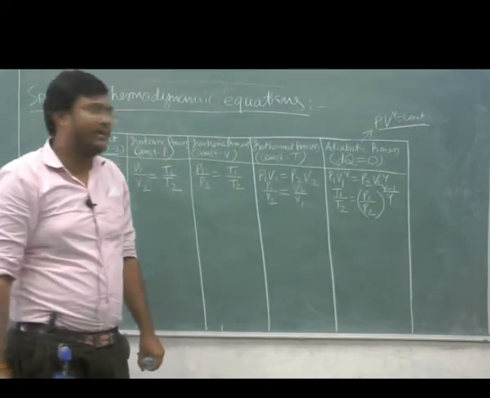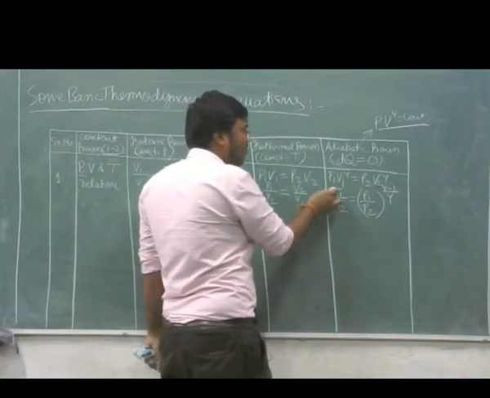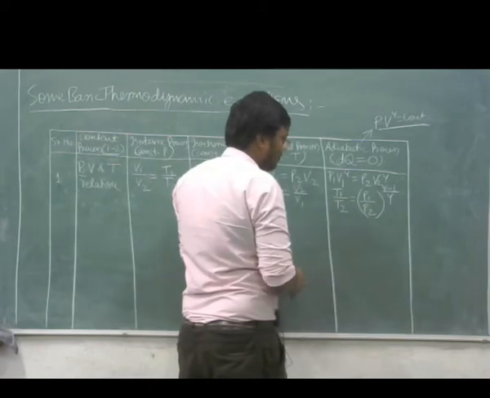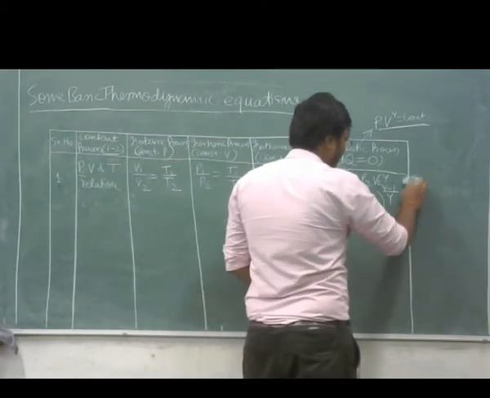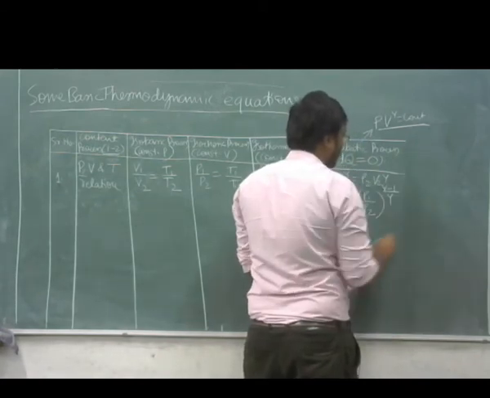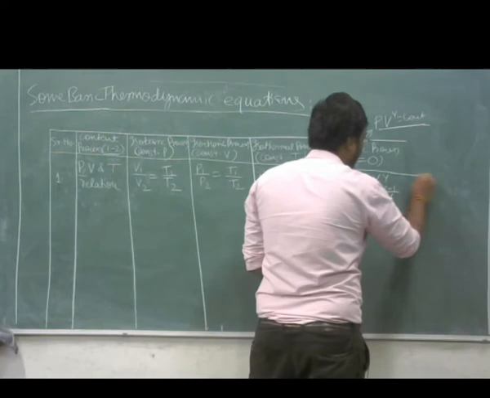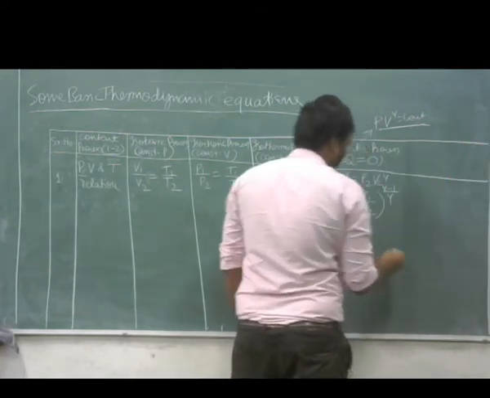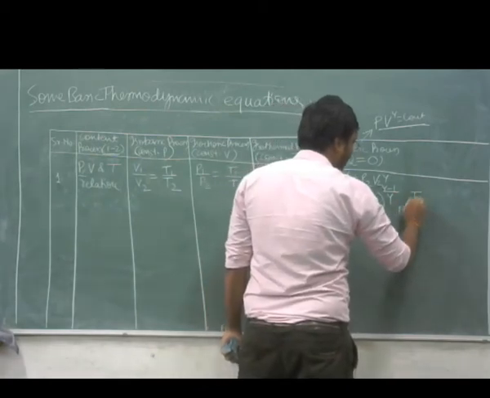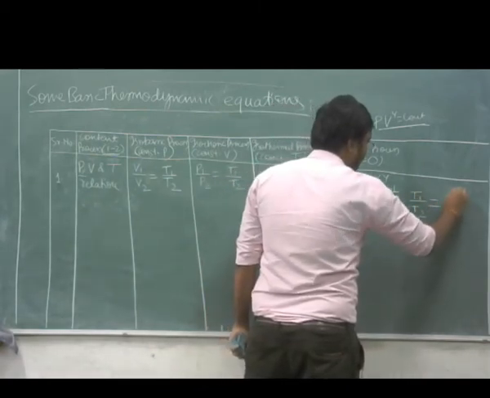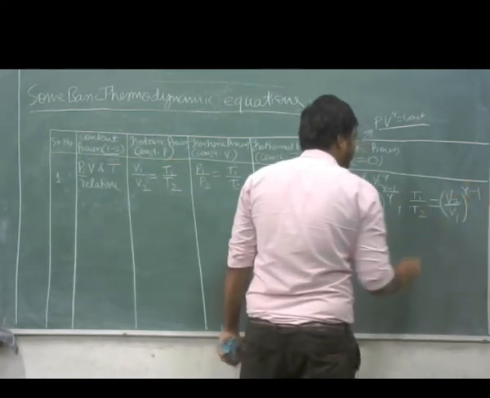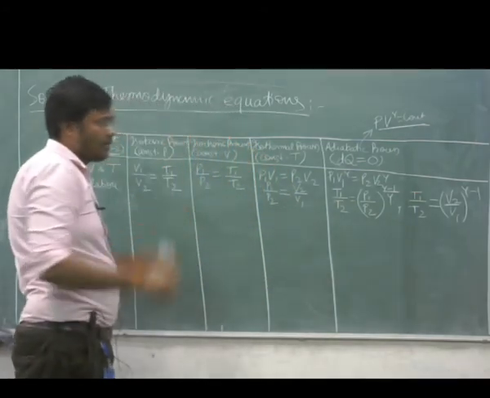Next we can write the formula between temperature and volume. For temperature and volume, T1 by T2 equal to V2 by V1 to the power gamma minus 1.